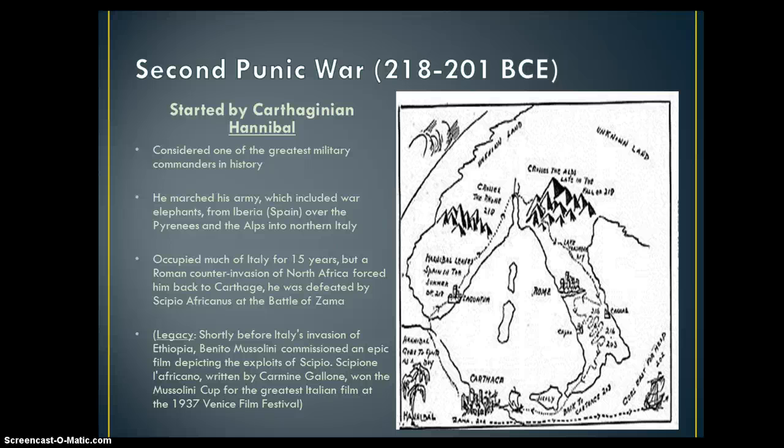He's considered one of the greatest military commanders in history. He marched his army, which included war elephants, from Iberia, which is now Spain, over the Pyrenees and the Alps into northern Italy. And this is what he's really famous for.